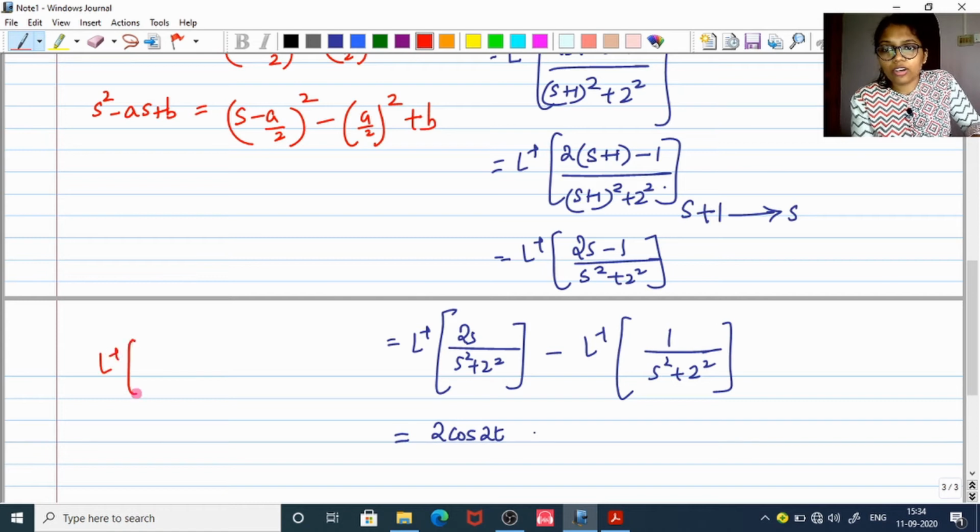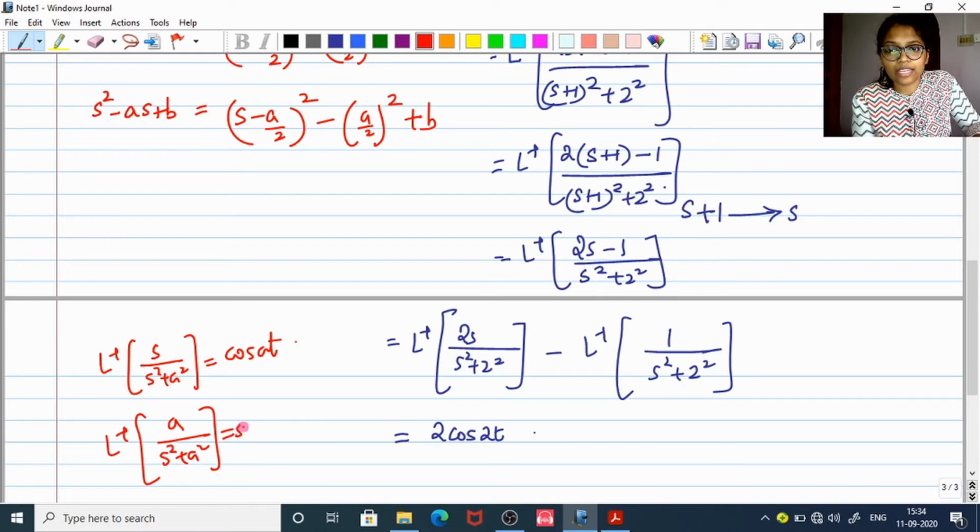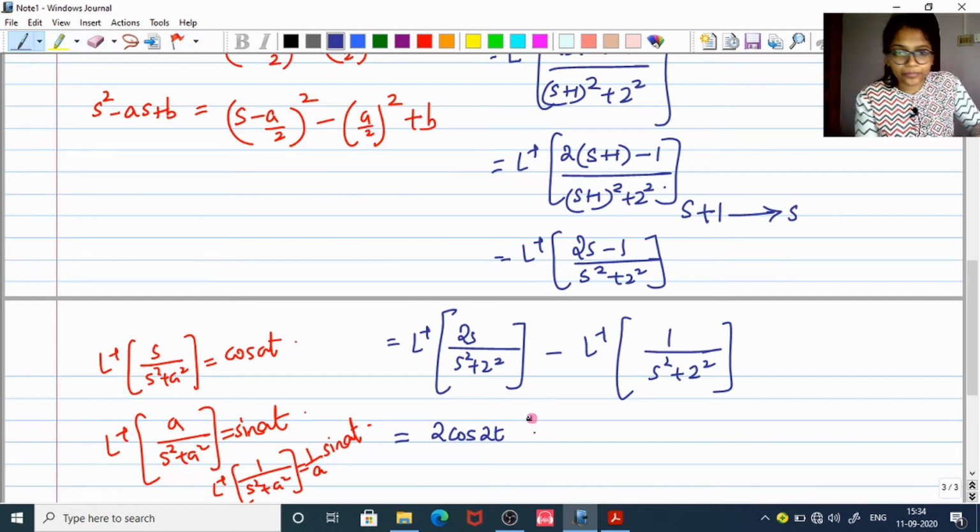L inverse of s by s square plus a square is cos at, and L inverse of a by s square plus a square is sin at. Or again another formula, L inverse of 1 by s square plus a square is 1 by a sin at. Minus, here you can see 1 by s square plus a square. It is like 1 by 2 sin 2t.